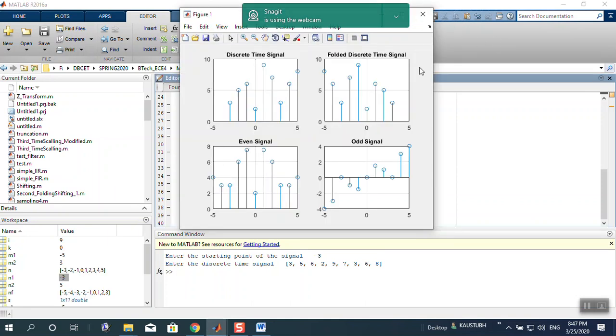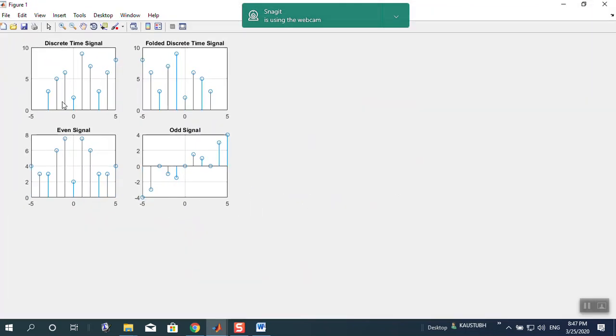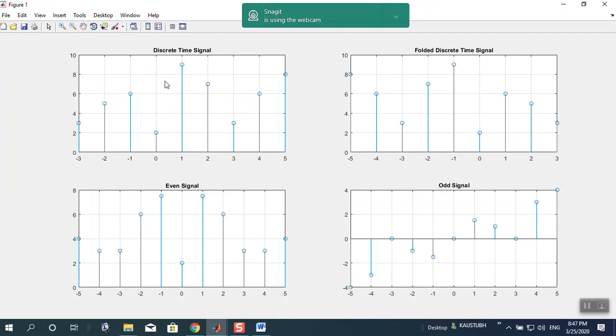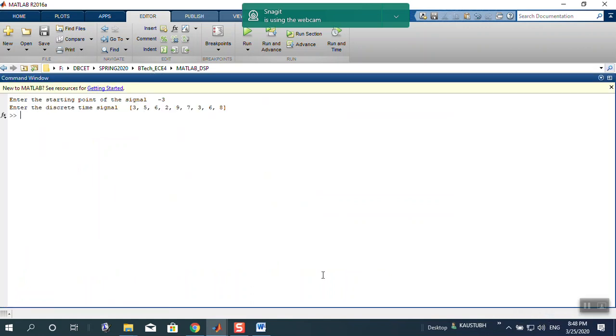So as you can see, this is the discrete original signal, minus 3 to plus 5. Now this is the folded signal, minus 5 to 3. This is the even part, this is the odd part. Let's see here whether the result is correct or not.